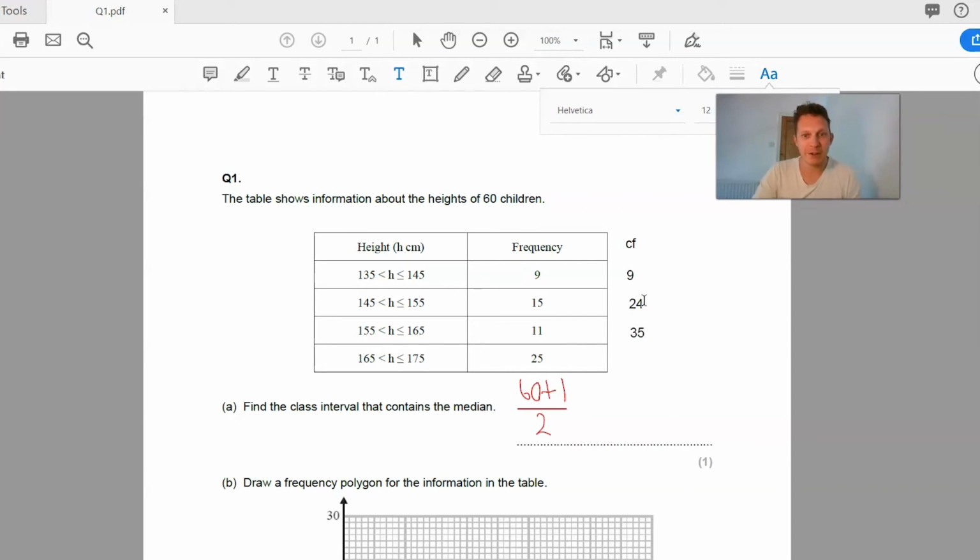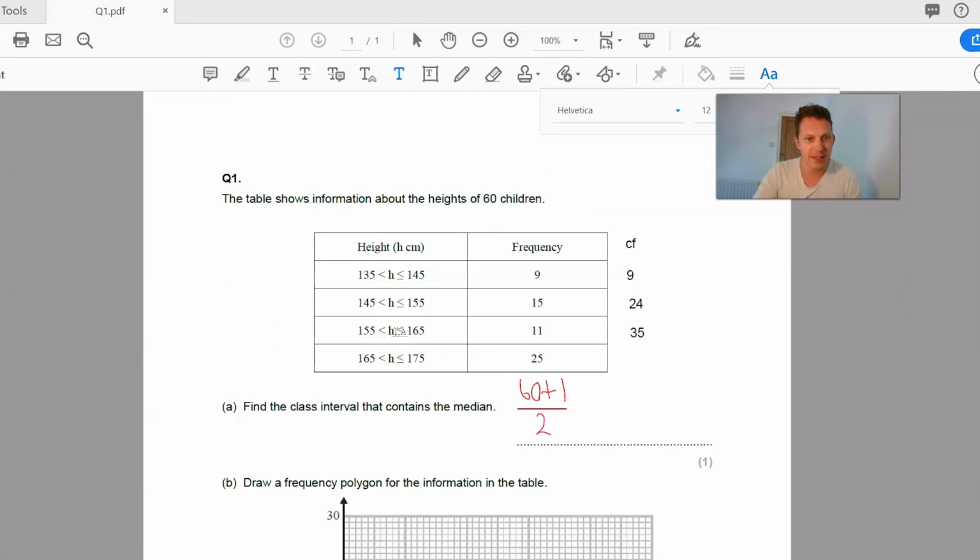So I can now see that I've already gone beyond the 30th and the 31st person. So if in this group it only went up to 24, then the 30th and 31st person must be in this group here. Because we've gone up to 35 people and it started at over 24 people. So 30 and 31 both feature in that group.